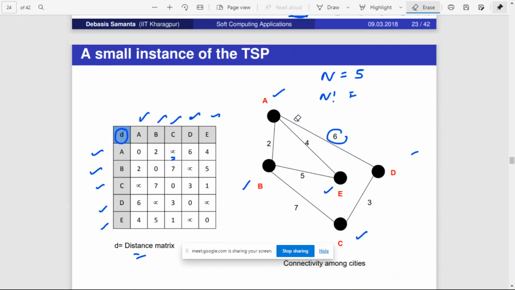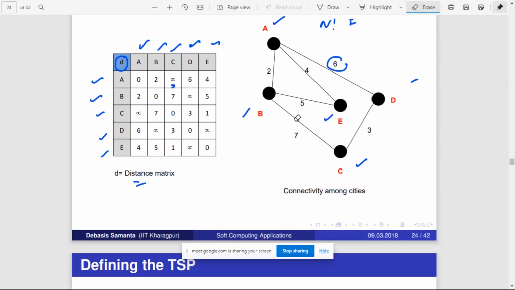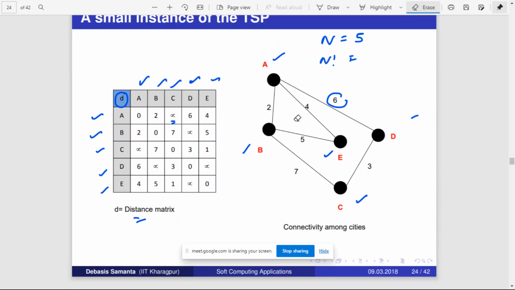All these things are nothing but ways of representing the initial population in a GA. In this problem, there are 5 factorial ways to represent the initial population. 5 factorial means, as Akila said, there are 120 possible ways. All these come under the initial population.